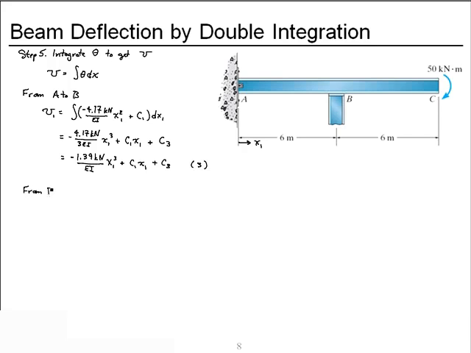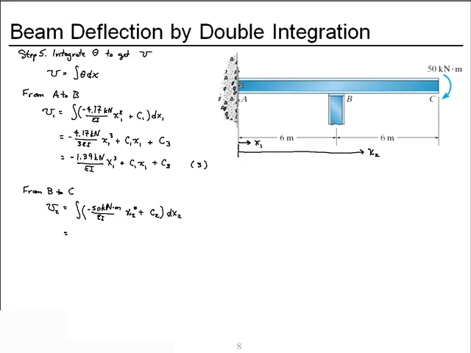Then from B to C, which is our region of variable x2, our equation for vertical deflection in that region will be the integral of the minus 50 kilonewton meter over EI times x2 plus the constant c2, all with respect to x2.